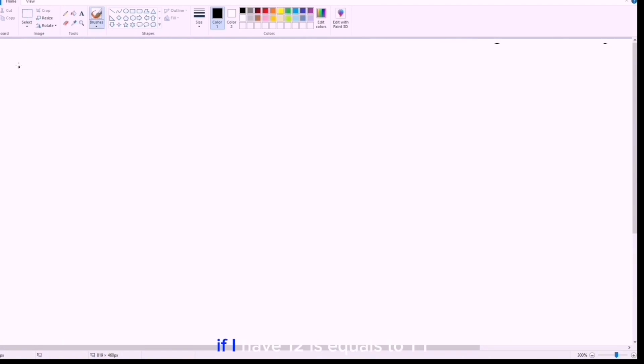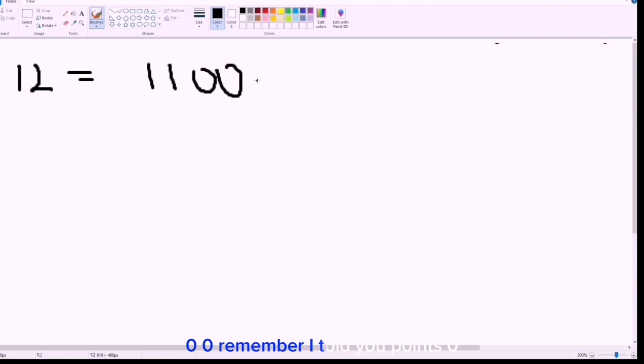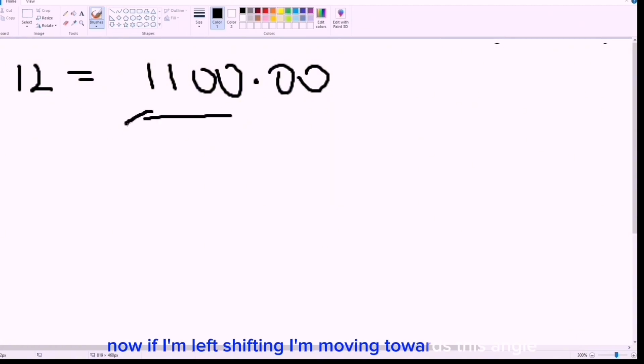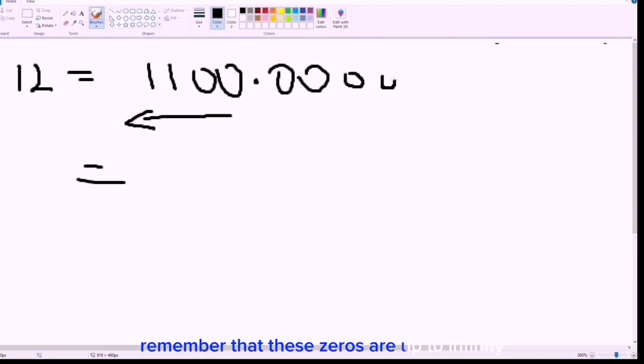So if I have 12 equal to 1100, remember I told you 0.000 till infinity. Now if I'm left shifting, I'm moving towards this side. That means I'm going to move 2 zeros over to this side. Remember that these zeros are up to infinity.